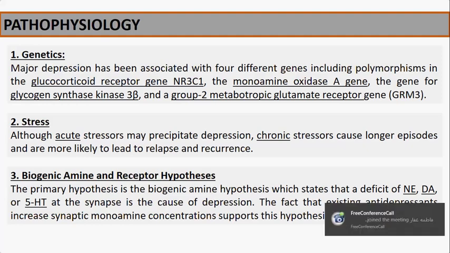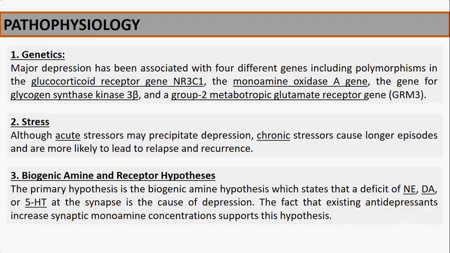For example, there is a genetic predisposition and also there are psychological stressors that play a role in the development of this disorder. And also we have the underlying pathophysiologic theories.